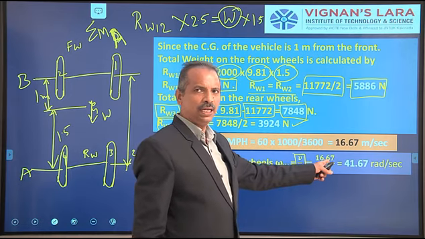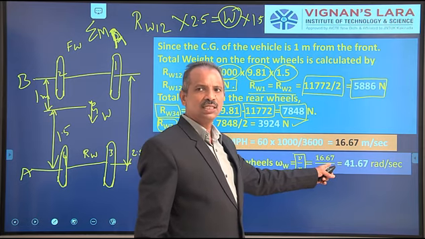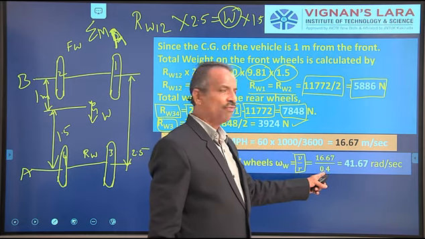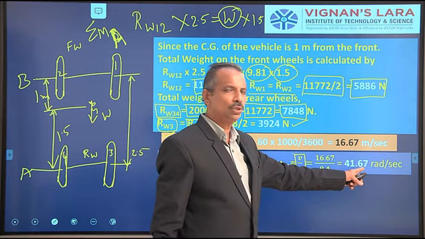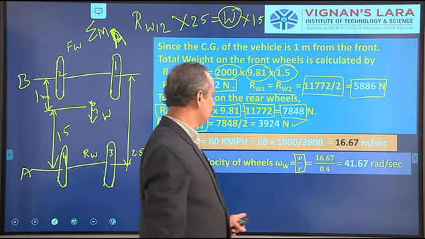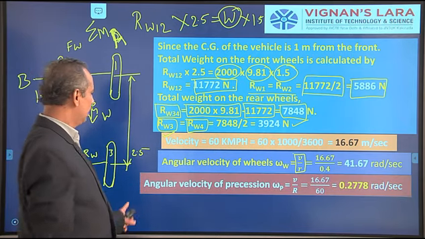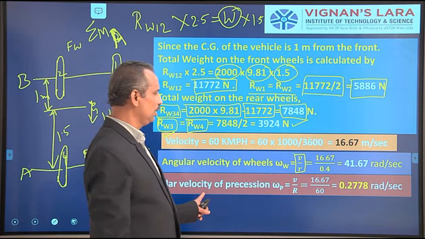That is the given data already available with us. The velocity is 16.67 and the wheel radius is 0.4. By substituting this, I get 41.67 radians per second.